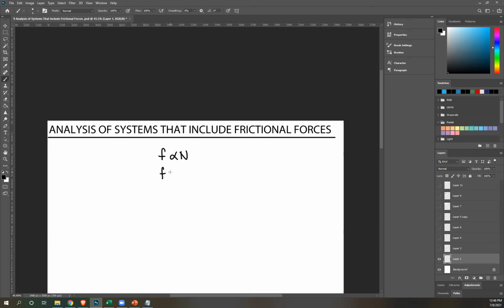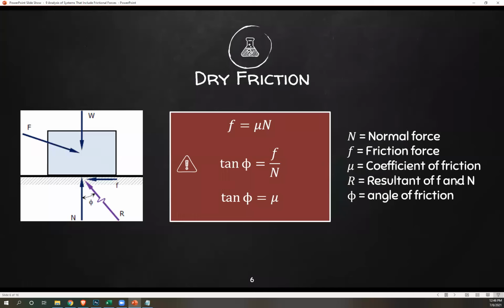You're gonna introduce a proportionality constant, usually K, right? But for friction, that value is not K, it's mu. And that's how that equation came to be, where mu is the coefficient of friction.